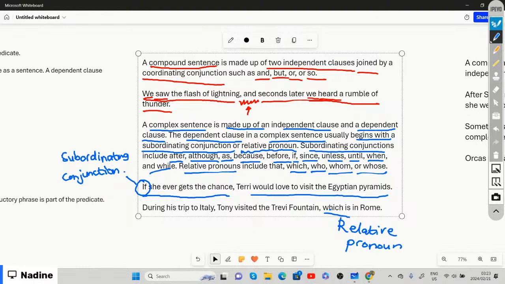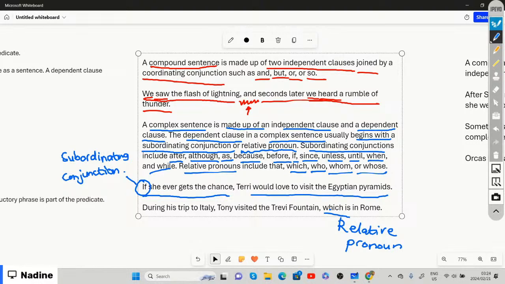And then we have a compound sentence. A compound sentence is made up of two independent clauses joined by a coordinating conjunction. And a coordinating conjunction is words such as and, but, or, so.